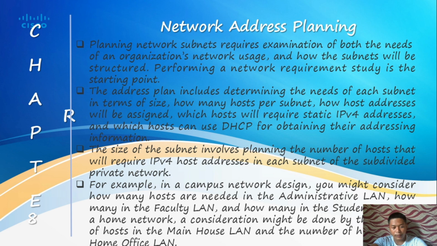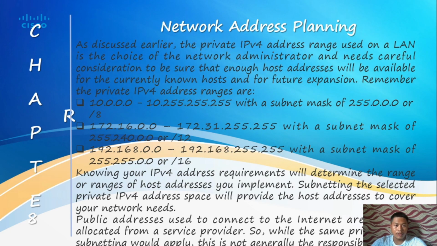In a home network, a consideration might be the number of hosts in the main house LAN and the number of hosts in the home office LAN. Remember the private IPv4 address regions, these are the ranges.